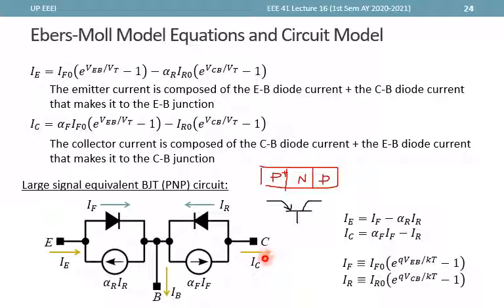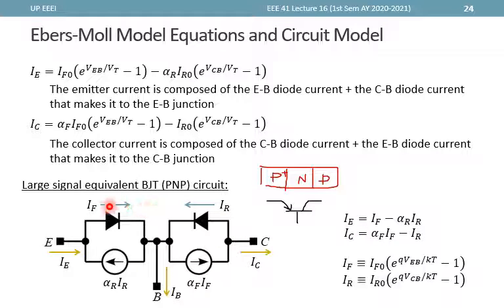Now, by KCL, if we focus only on this shorthand notation, we can say that IE going in is equal to IF minus alpha R IR. So it is consistent with our expected equation. And for IC, the KCL at this node, sorry, IC is equal to alpha F IF minus IR. So this one is consistent with our KCL at this node.